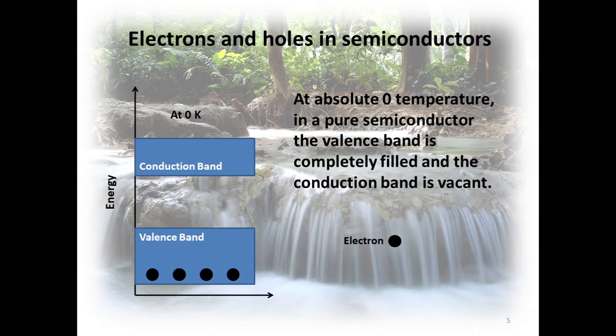But if you increase the temperature, what will happen? The electrons in the valence band will absorb the energy and go to the conduction band. The valence band is the lower energy level and the conduction band is the higher energy level.